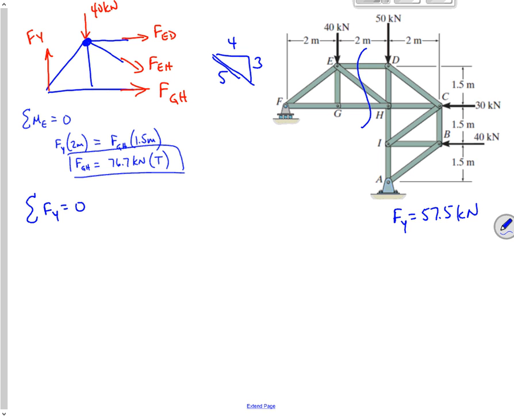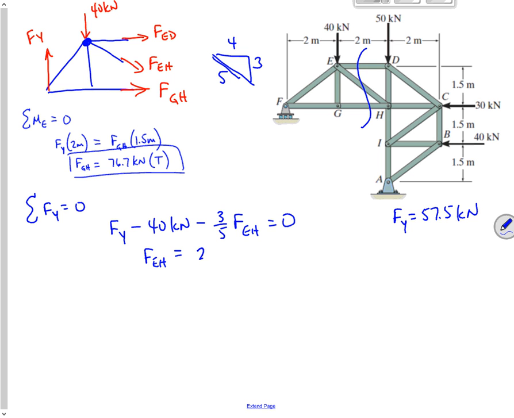So I'm doing sum of the forces in the y direction. So I get Fy minus 40 kilonewtons minus 3/5 of FEH equals 0. Solve that for FEH.